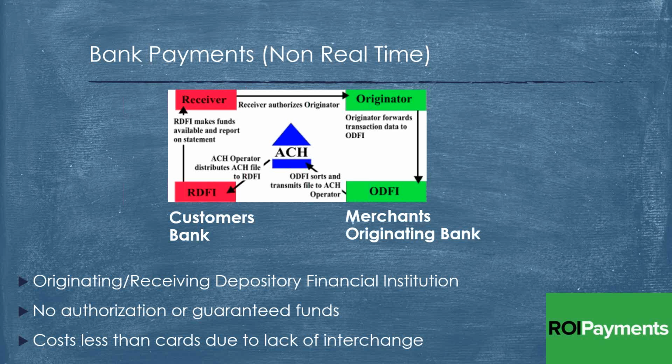This is very attractive to merchants because it's a lower cost transaction, typically a flat fee or a much lower percentage cost, and it may be a little bit less attractive to merchants because there's actually no authorization. The advantage of a credit and debit card network is they get an authorization code, whereas in an ACH transaction there is no guaranteed funds and no authorization.